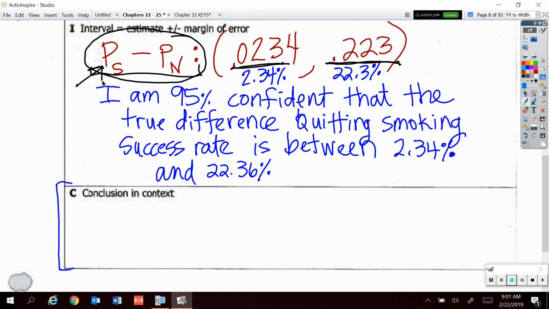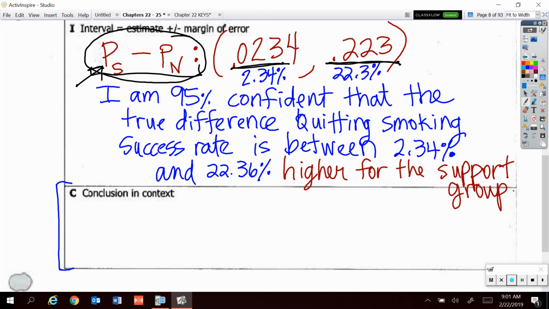So I'm going to say I am 95% confident that the true difference in quitting smoking success rate is between 2.34% and 22.36% higher for the support group. So that has to be there, because otherwise you are not telling me a good conclusion about which one is better. So that must be there.